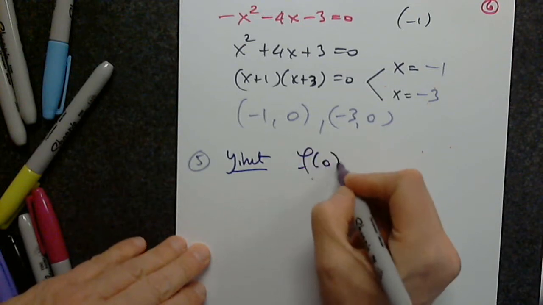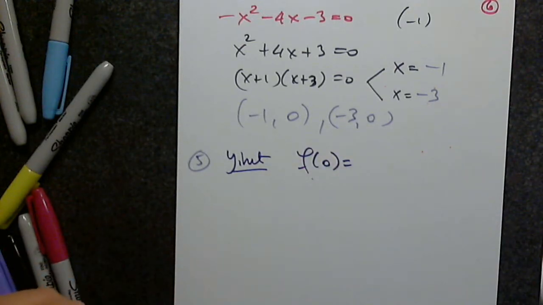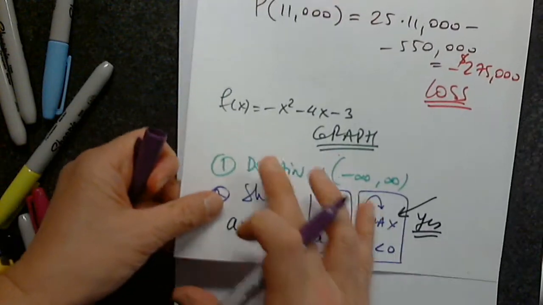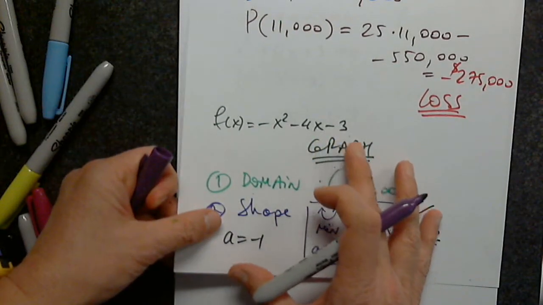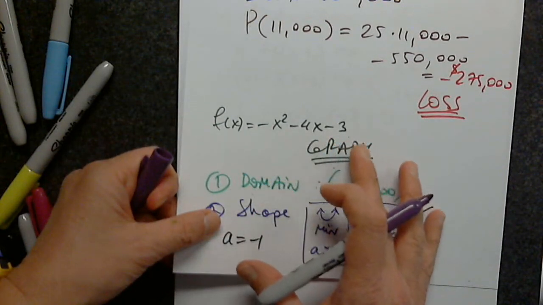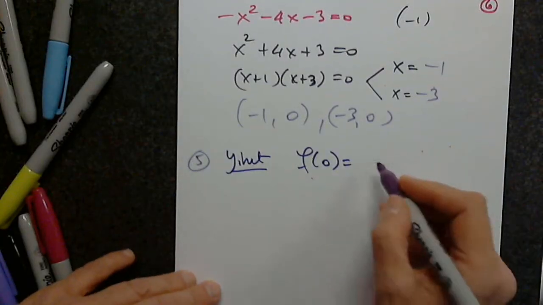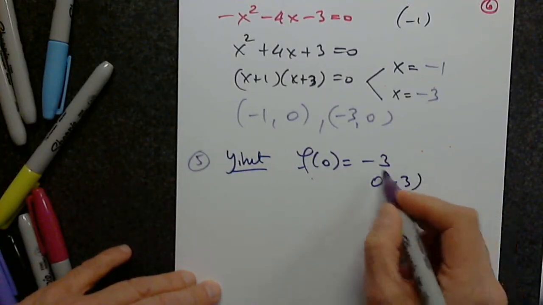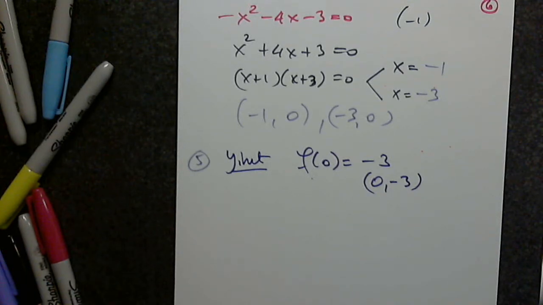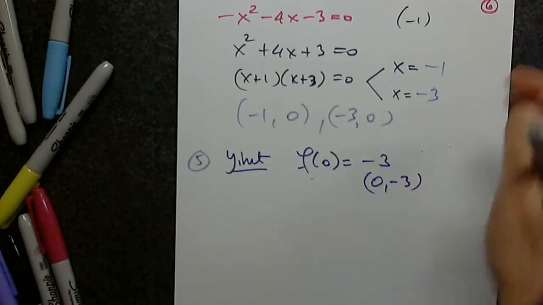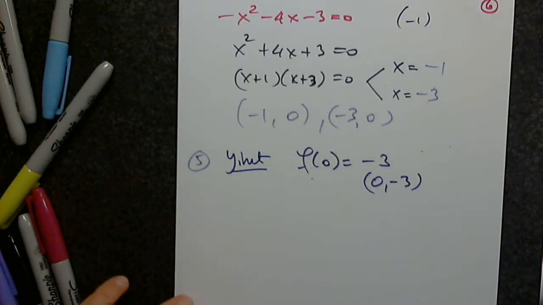f of 0. So let's do f of 0 together. Look at the function and tell me how much is f of 0. 0, 0. Very good. So -3, 0, -3. So just substitute, right? Yes. Is that okay?